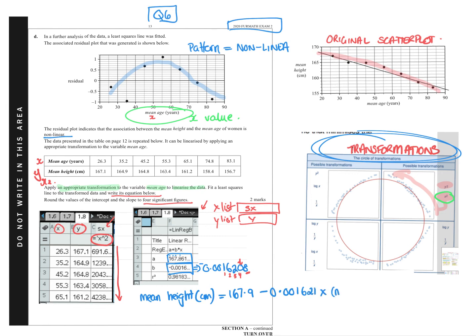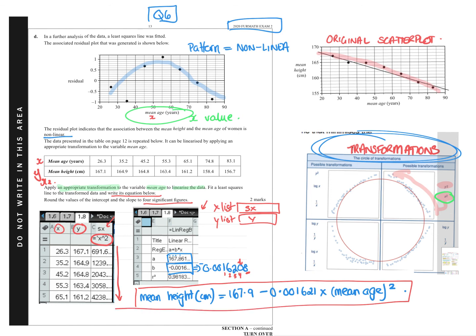Now remember, we've changed the age to being squared, so I need to write mean age squared. Okay, and that's my final answer. This was 2 marks: 1 mark for the right and appropriate transformation, and then 1 mark for significant figures and the equation written out correctly. Okay.